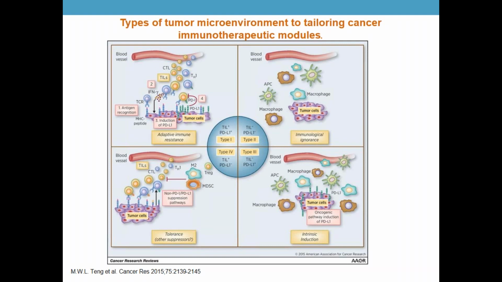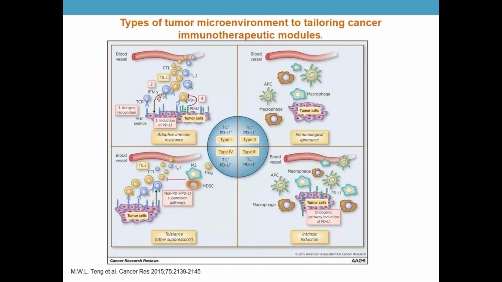Over on the top right, you have a situation where you have no significant tumor-infiltrating lymphocytes, and you don't have PD-L1. Well, that's immunologic ignorance. That means that these tumor cells aren't recognized by the immune system at all. You go down to the bottom right, and you have these type 3 cases where you have PD-L1 made by the tumor, but you don't have any infiltrating T cells.